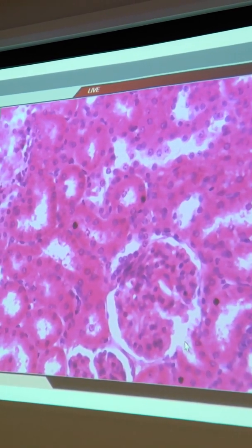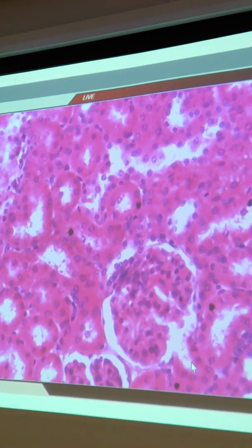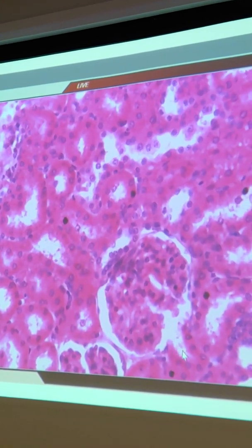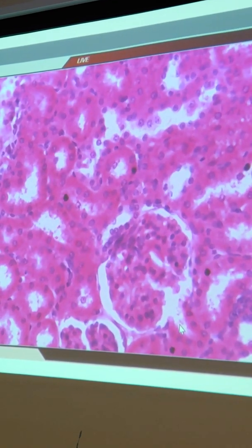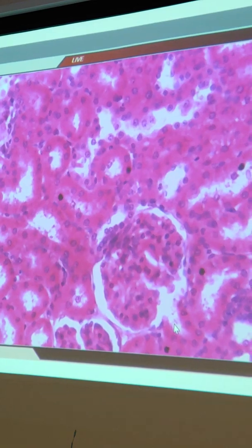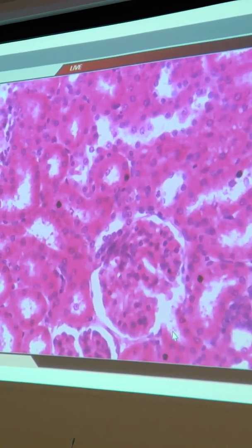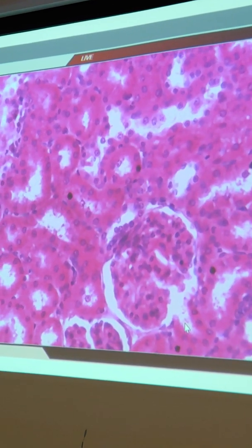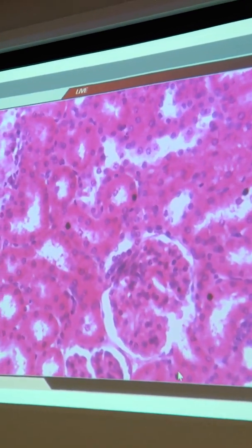We happen to have caught right here, I was looking around, the beginning of a proximal tubule, proximal convoluted tubule. I'll show you others in just a second, but we just happened to catch the opposite end of the blood vessel where it goes into the proximal tubule. That was just luck.